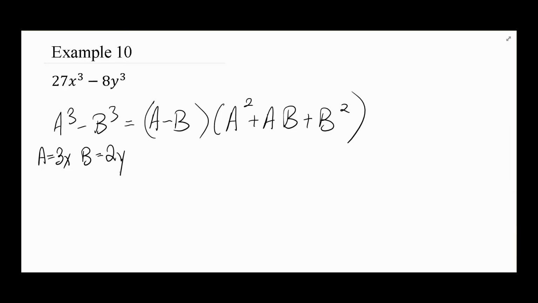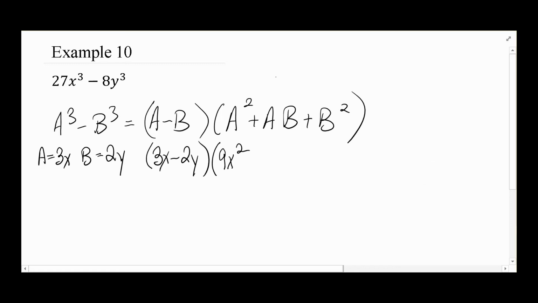And once I identify that, now it's just a matter of plugging into the formula. A is 3x. B is 2y. I'm just copying directly down below, a minus b. Now when I square the a, I'm squaring 3x. Think about that 3x as being in parentheses. 3x times 3x is 9x squared.